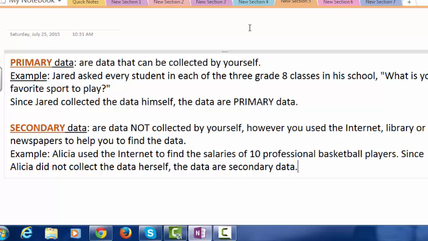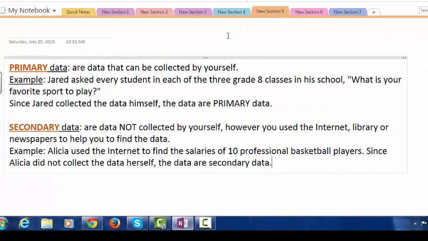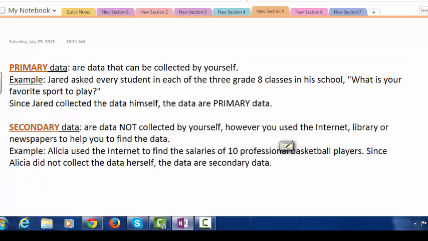Primary data are data that are collected by yourself. You are the one who collected this data. No one helped you, no one gave you the information. For example, Jared asked every student in each of the 3 grade 8 classes in his school, what is your favorite sport to play? Since Jared collected the data himself, and very important, he is the one who collected the data by himself, the word himself here shows that the data are primary data.